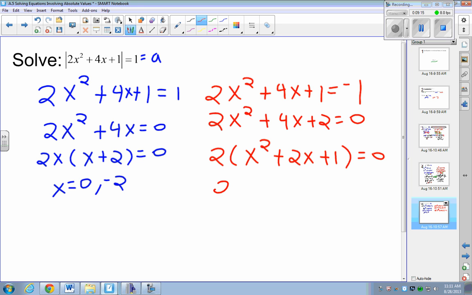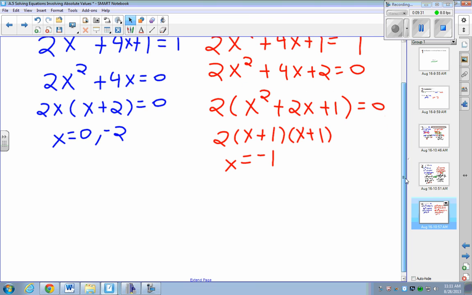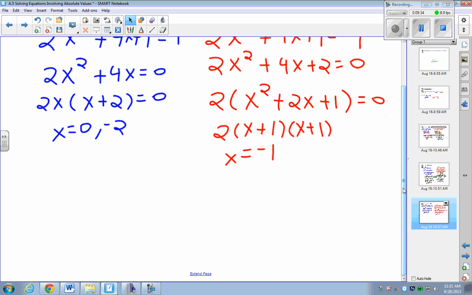And so we can factor this one down. 2 times x plus 1 times x plus 1. And so our solutions here are x equal to negative 1. All right. So let's go ahead and give this one a shot.